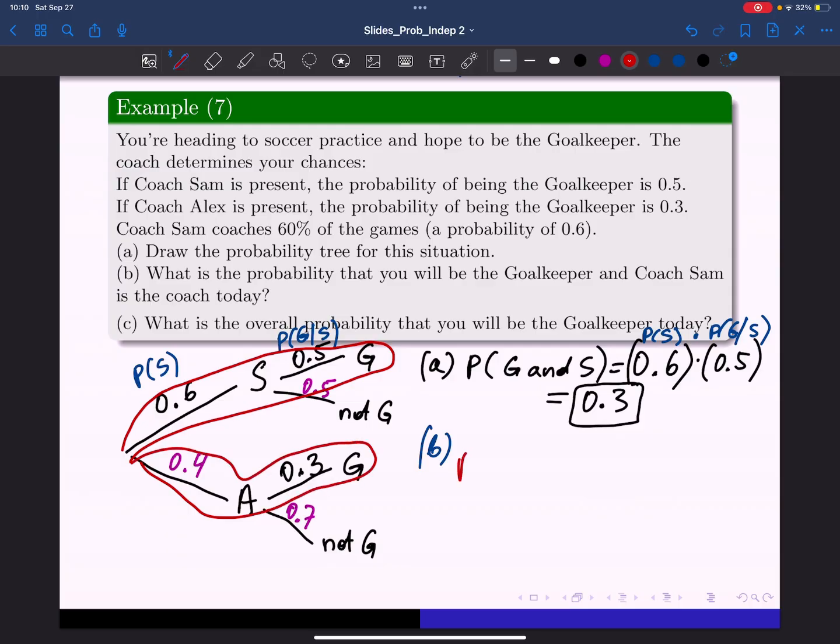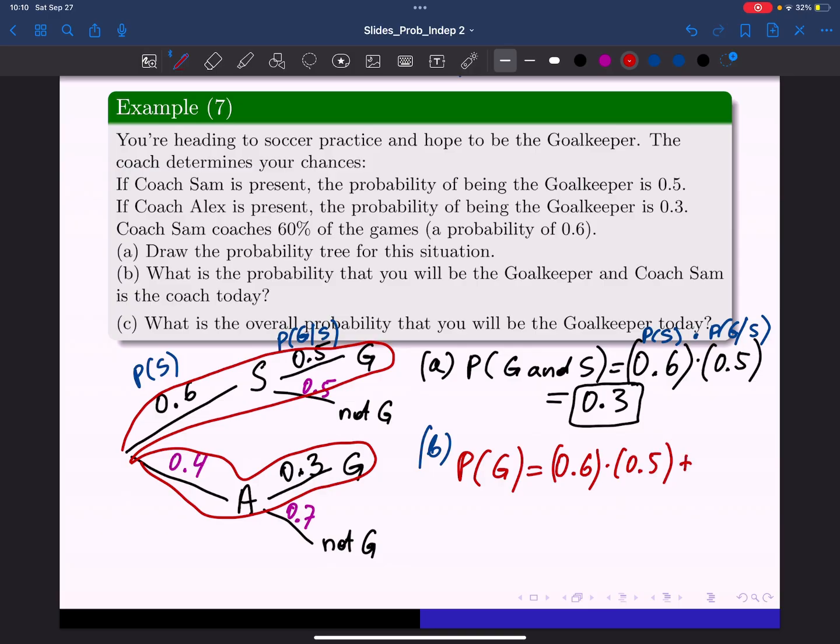So the probability of just goalkeeper, on the first branch, would be 0.6 times 0.5. This is this branch, 0.6 times 0.5. Now we say or, so we're going to add this multiplication.